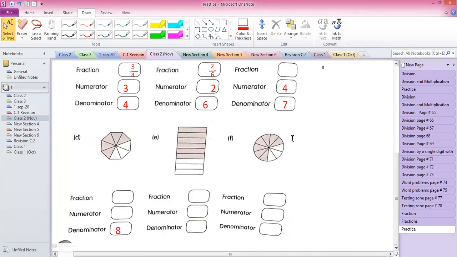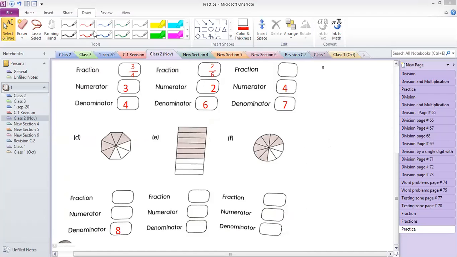Okay. And what is the numerator here? Can you tell me the numerator, guys? You are saying 5.